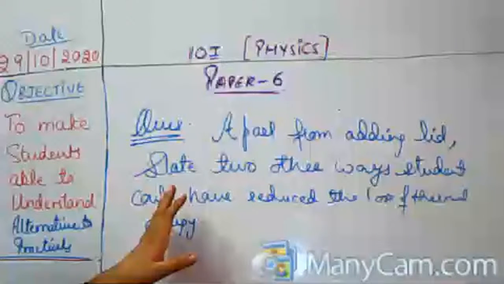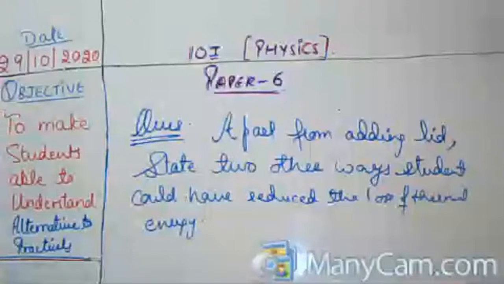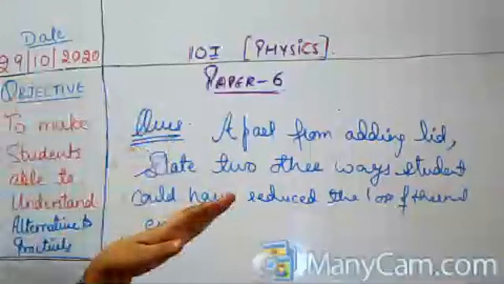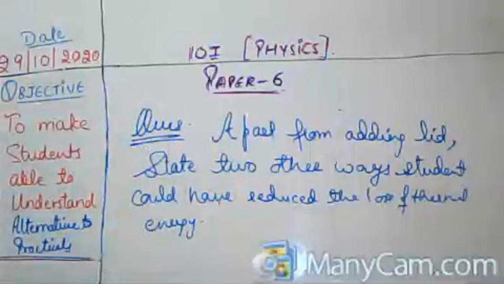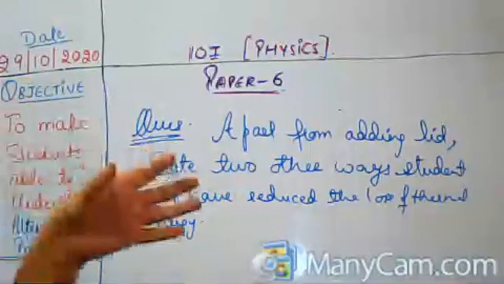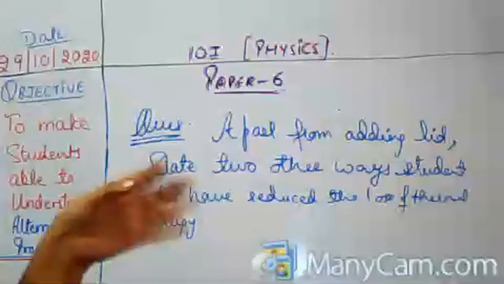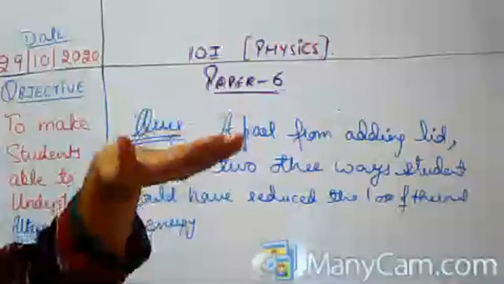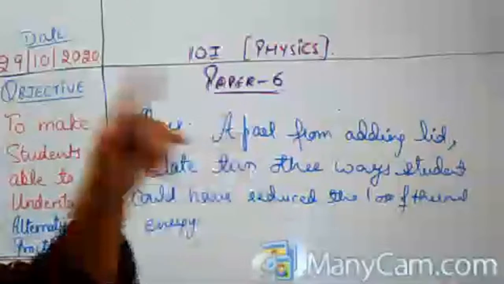Generally, the first method that comes to children's minds is to cover the container. You have a beaker full of hot water, you have to reduce the energy loss, so we will close it from the top. Covering that. That question is of 1 mark.